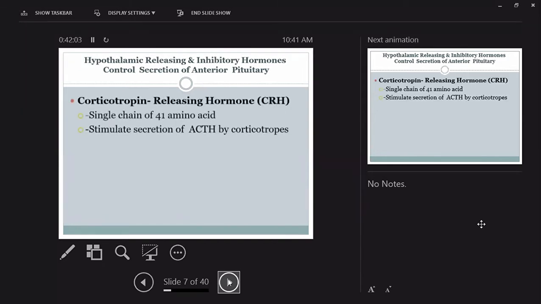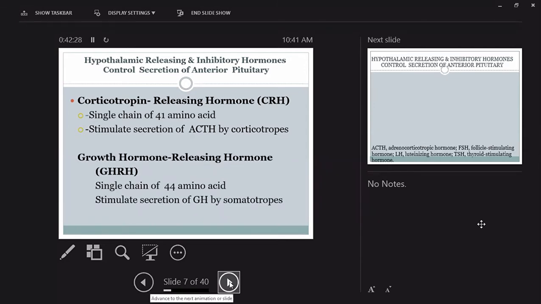Then you have your corticotropin releasing hormone. This is a larger molecule made up of 41 amino acids, and it stimulates the secretion of adrenocorticotropic hormone by the corticotropes of the anterior pituitary.